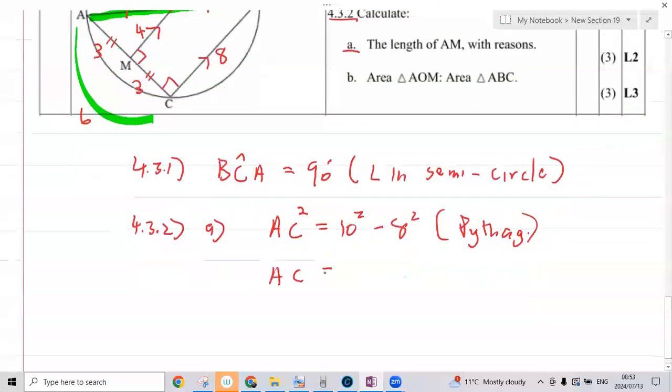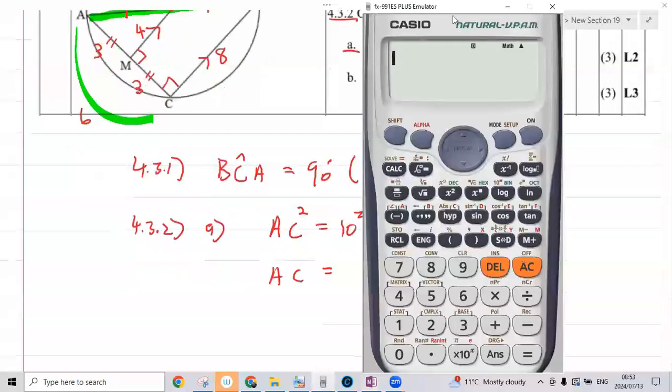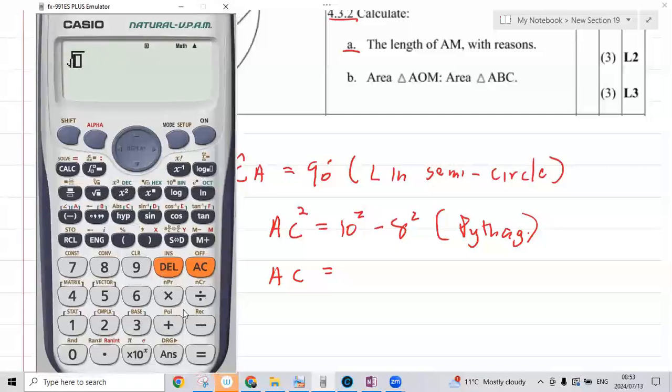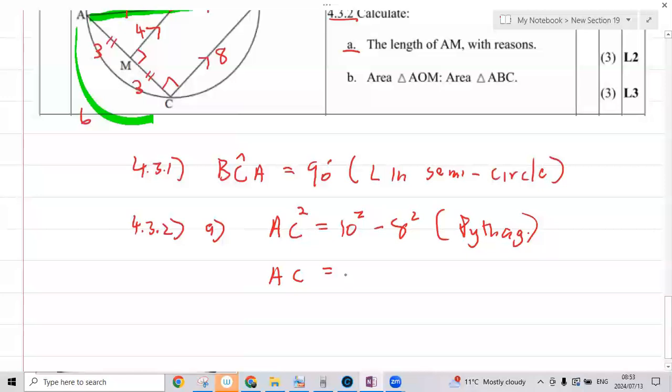Therefore, AC is equal to, and we said 10 squared minus 8 squared equals 36, and then the square root, the answer equals 6. So AC is 6 centimeters.